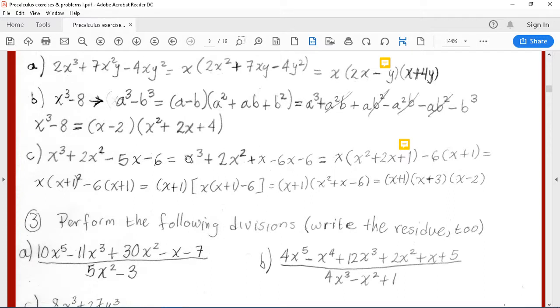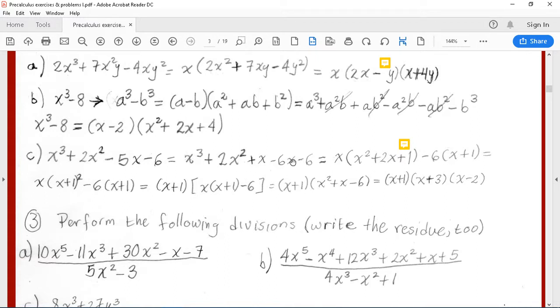So I add and subtract an x, which means that I have x cubed plus 2x squared plus x, and since I subtracted the x, I have minus 6x, which is minus 5x minus x. So I have x cubed plus 2x squared plus x. I factor out the x, and that leaves us with x times x squared plus 2x plus 1.